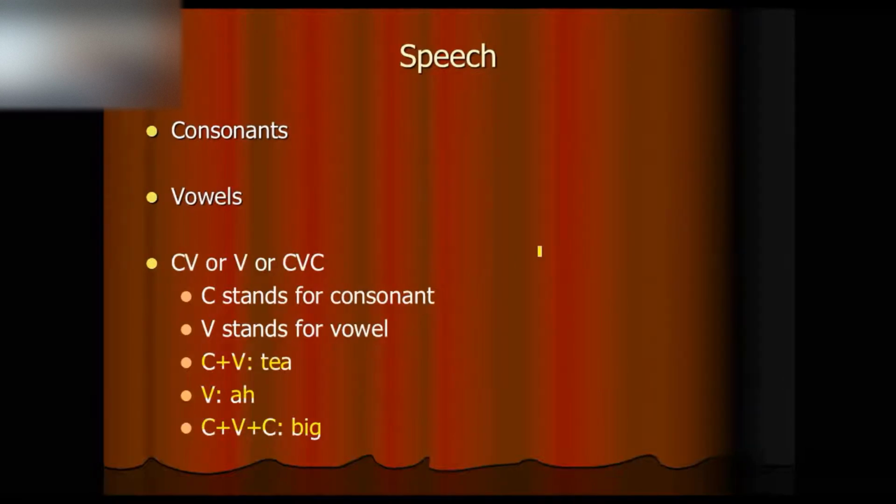These three are basic syllables. We have more complicated words. Those complicated words can be generated by combining CV, V with CVC together. With the three basic patterns, we can deliver a beautiful speech.